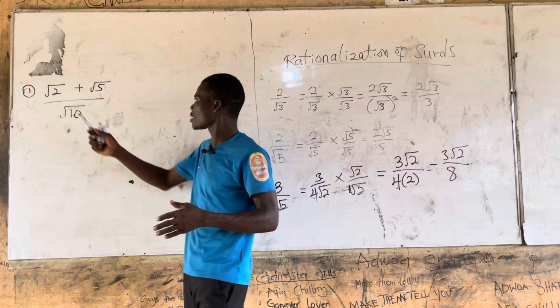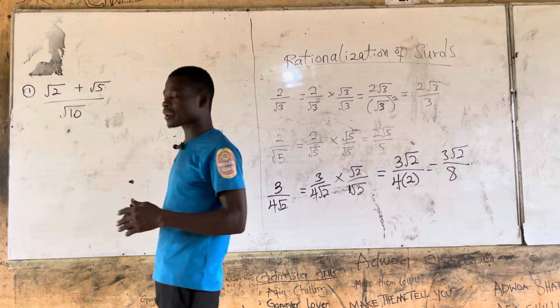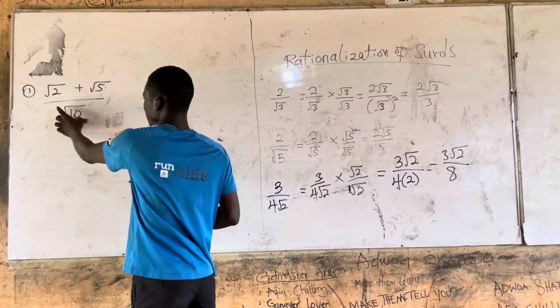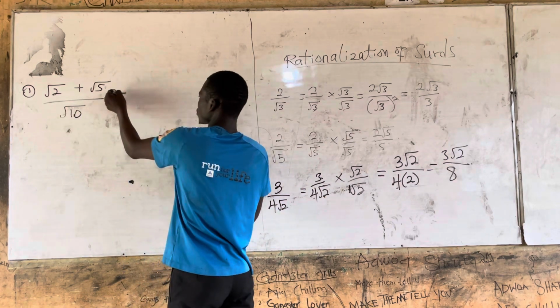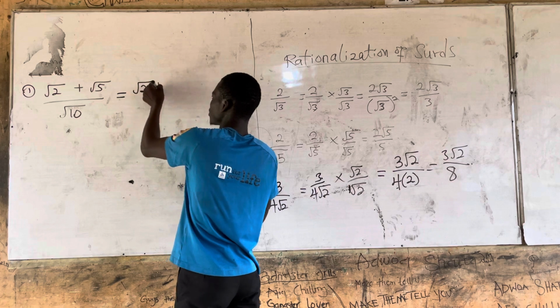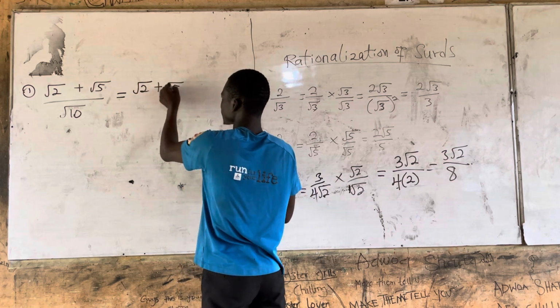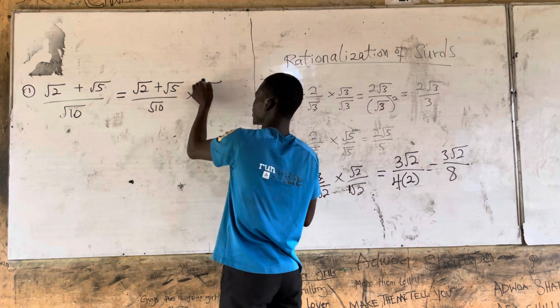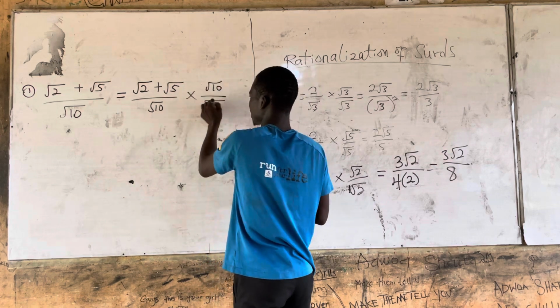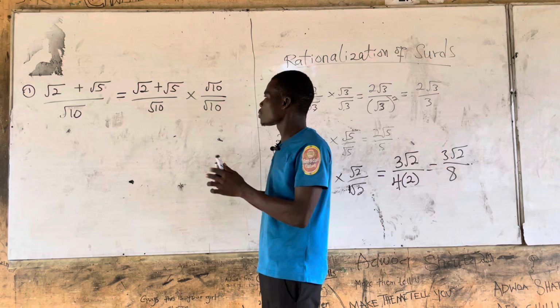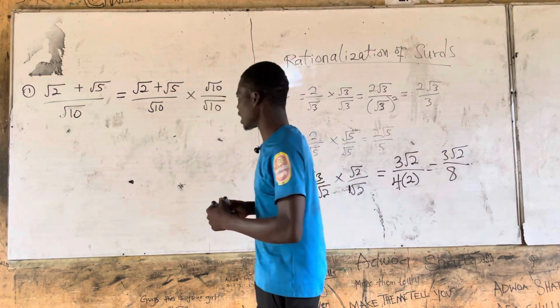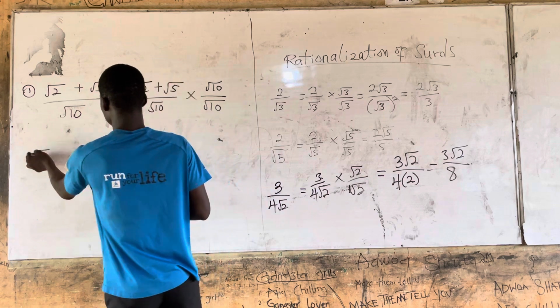So since all of them are in their basic form, let's rationalize the denominator. For us to rationalize the denominator, we multiply by root 10 over root 10, so that when you multiply root 10 by root 10, we get 10 and get rid of the square root at the denominator side.